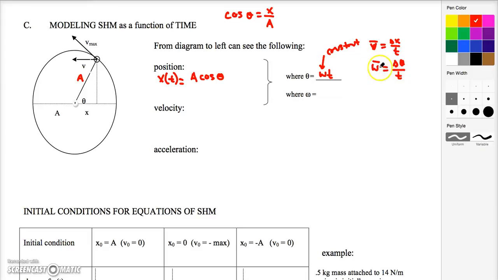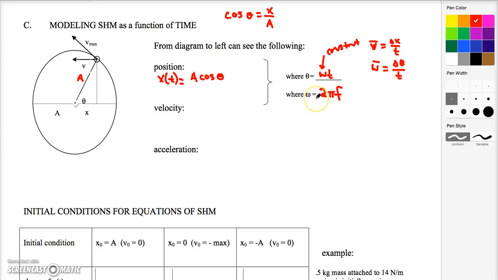So essentially what we're doing is solving for theta. And omega, if you recall from our rotational motion, is the angular velocity. And we solved it for 2 pi f. And so really we have angular velocity, but in this case of something going around in a circle, what we typically call it is angular frequency.